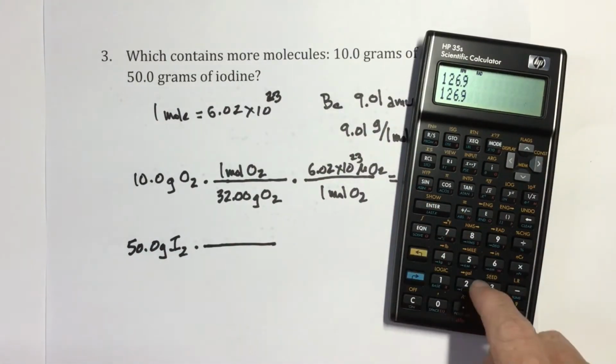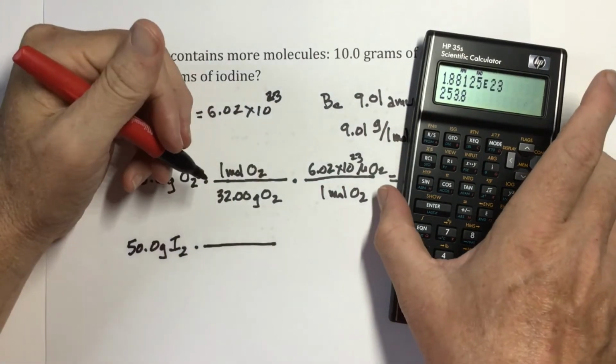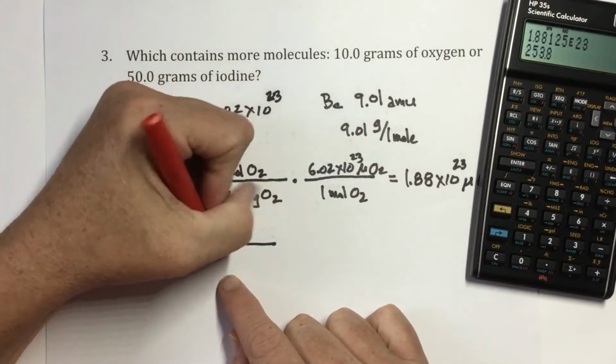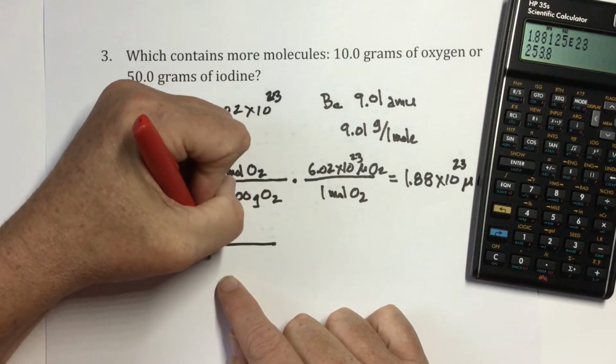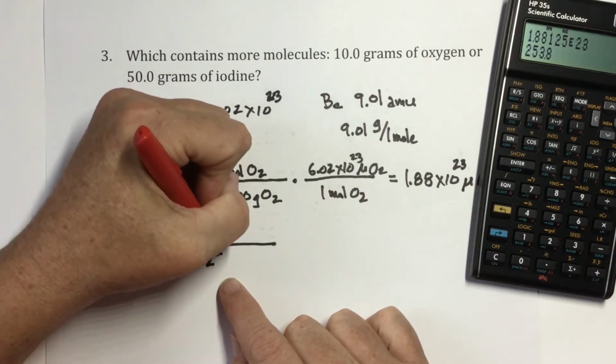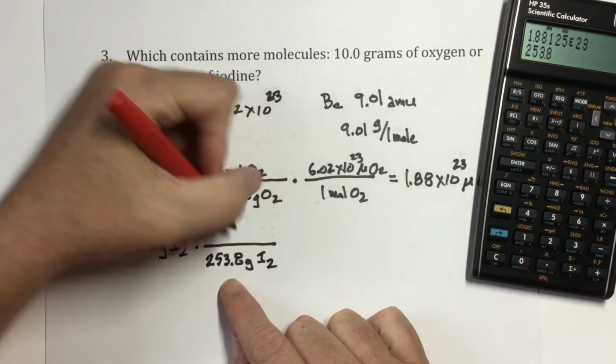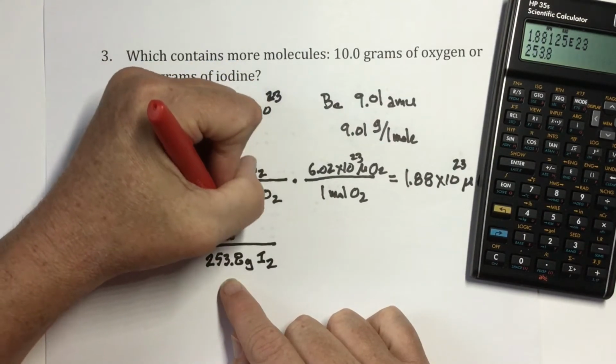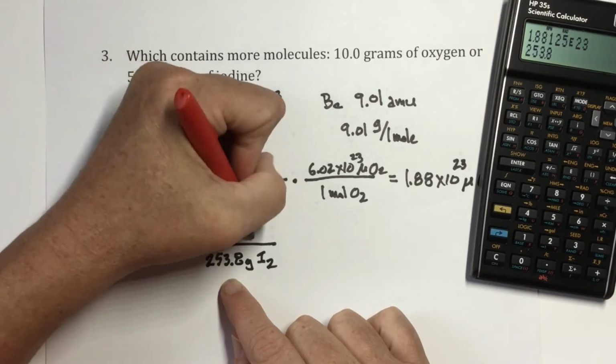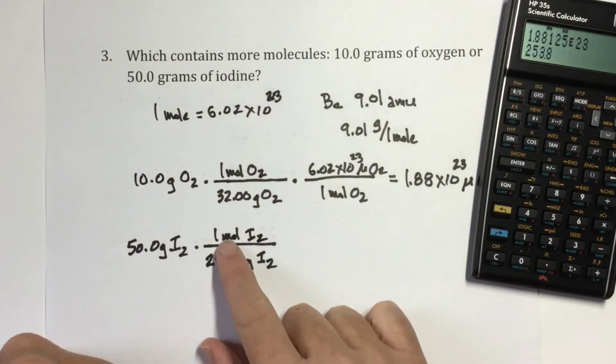So the atomic mass of I2 will be 2 times that. So the atomic mass of iodine, I2, is 253.8 grams of I2, which is, of course, 1 mole of I2.